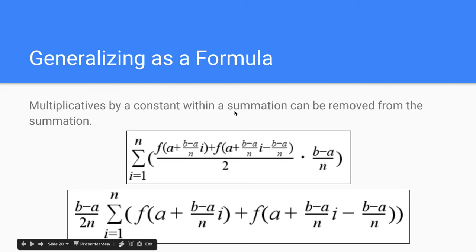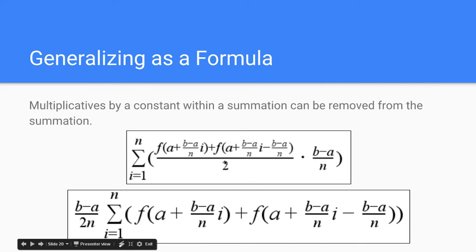Multiplicatives by a constant within a summation can be removed from the summation. So this is just a rule of summations. You could just play around with this yourself and test it with numbers. If you're just adding a bunch of numbers together and you're multiplying by a constant every time, that's the same thing as just multiplying that constant one time after the summation.